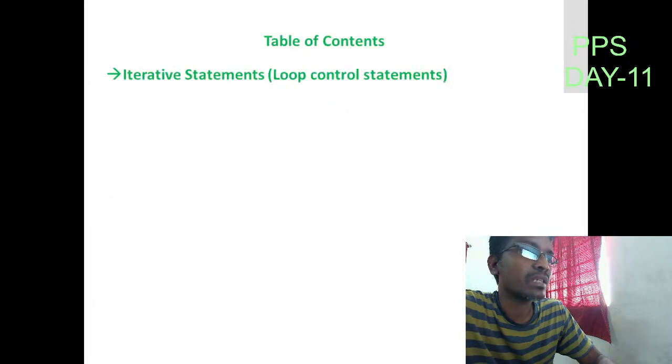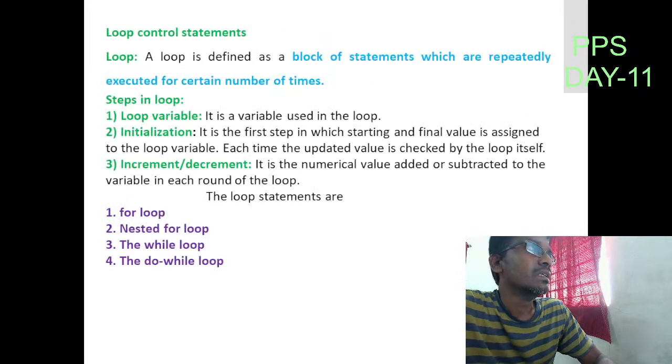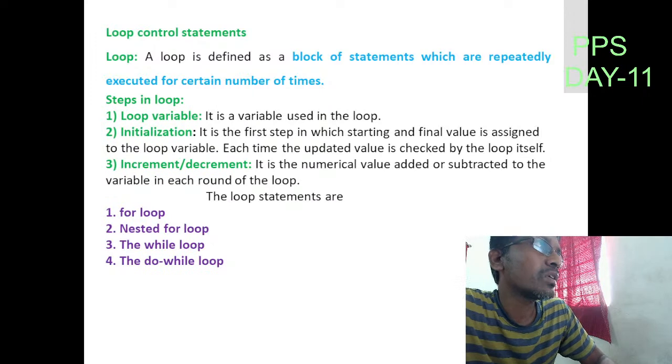Sometimes it is also called iterative statements. If you want to execute the same statements again and again, then you have to use loop control statements or iterative statements. So that is the definition of loop control statements.